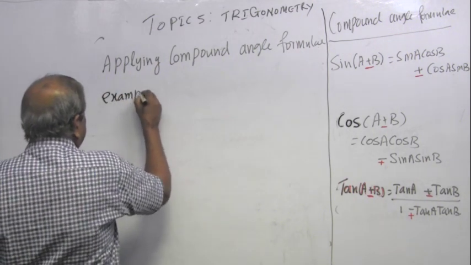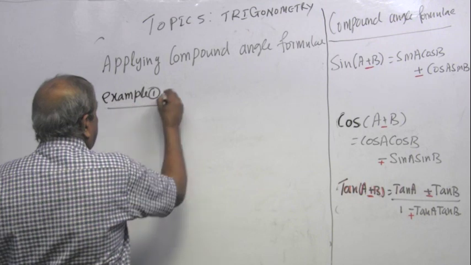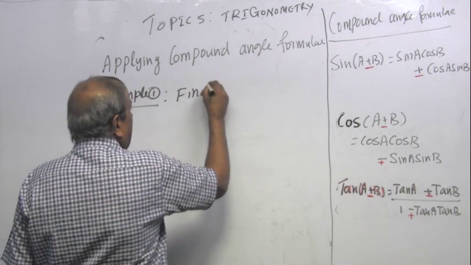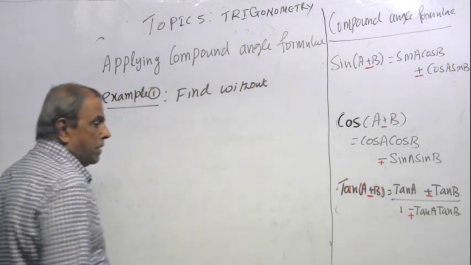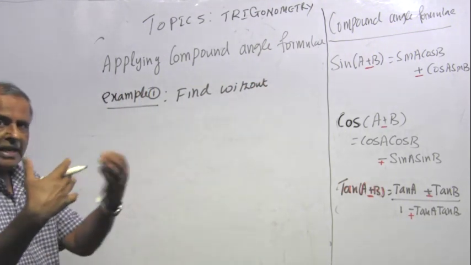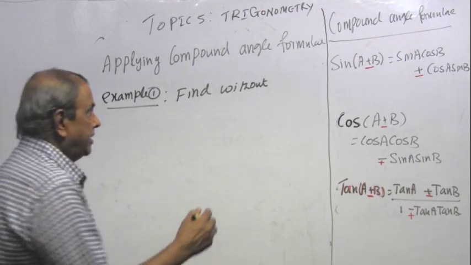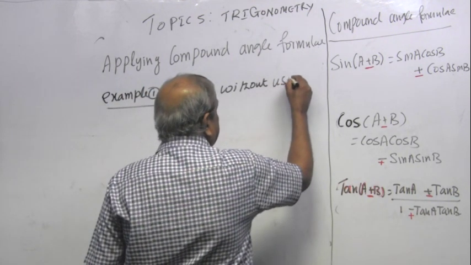Example 1. Find, without using a calculator, meaning you have to show your working how you are arriving at the answer, the values of sine 105 degrees and cos 75.